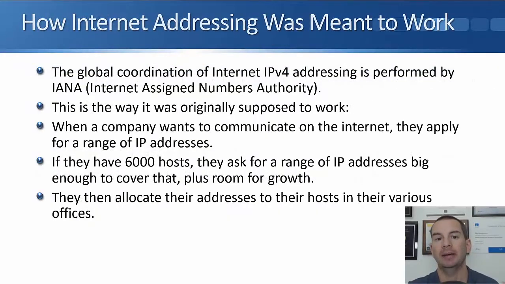Okay, let's talk about how internet addressing was originally supposed to work. Because when IPv4 was first conceived, the designers didn't know about what was going to happen with the internet. They didn't realize that there would be a huge explosion of usage and everybody would be using it and that everybody would require an IP address.